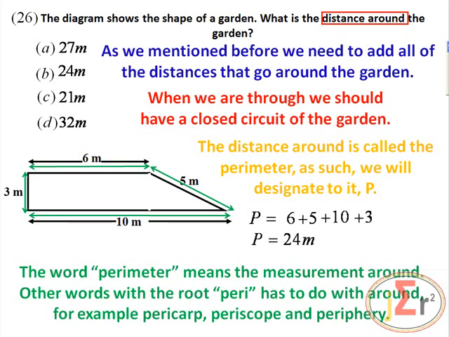Pericarp is the outer coating of a seed or a nut. Periphery, we are talking about the region that surrounds something. So anything that has to do with the root peri has to do with something that is around, surrounding, or all the way around.